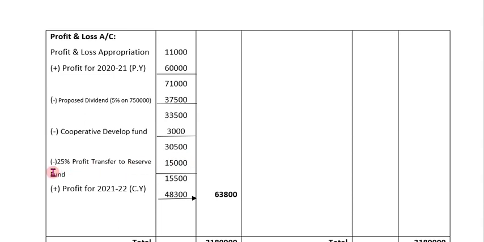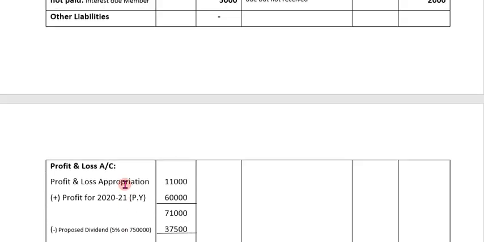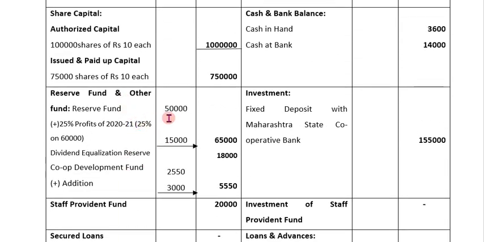Now then less 25% profit transfer to reserve fund. In reserve fund, the reserve fund is 50,000, and in this 50,000 we transferred last year 25% profit, amount is 15,000. So this first effect we did in reserve fund and other funds.